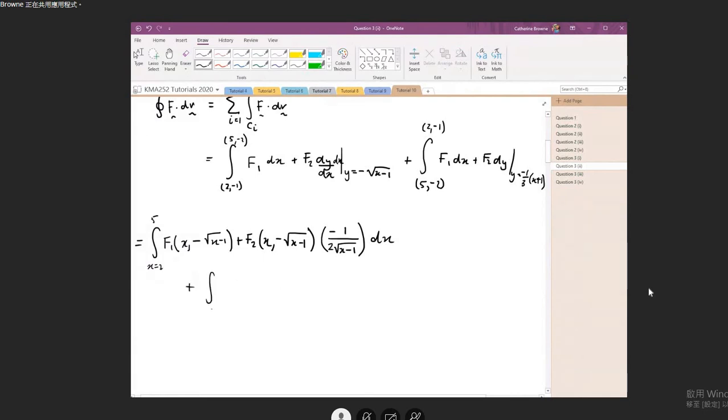And that's going to be f1 x, and this time, y is going to be minus 1/3 x plus 1, plus f2 x, minus 1/3 x plus 1. And then that same sort of dy dx and the dx goes there. So in this case, dy dx is just constant minus 1 on 3. And again, we just need the x limits really because we're integrating with respect to x. So 5 to 2.